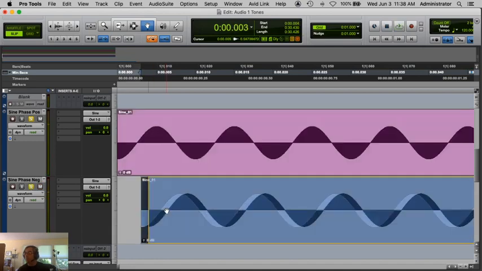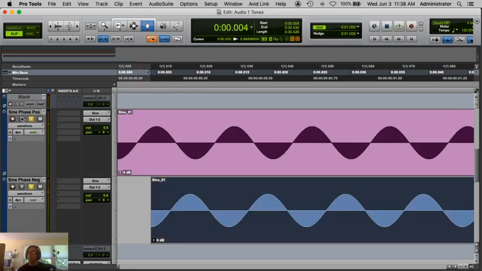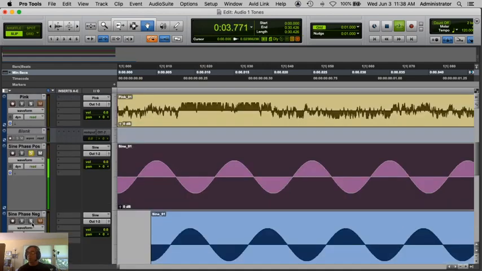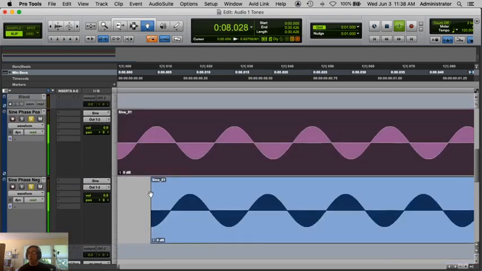Take this guy, move it even more. Here is pink. Here's blue. It's getting quieter. You'd think it'd be getting louder, but it's not. If you can see the waves, they're starting to cancel each other out. Let me move this over even more.